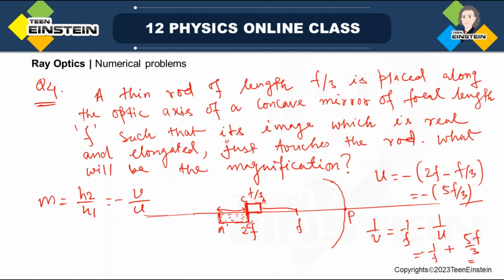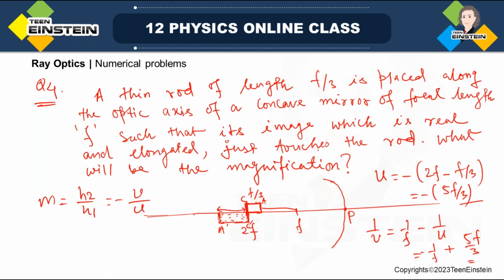So what we have done here, see, a thin rod of length F by 3 is placed along the optic axis of a concave mirror of focal length F such that its image, which is a real image and elongated, just touches the rod.